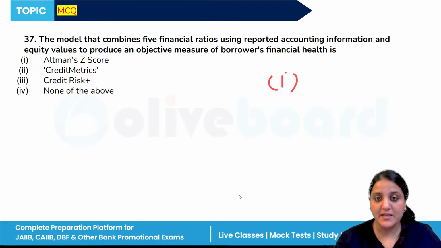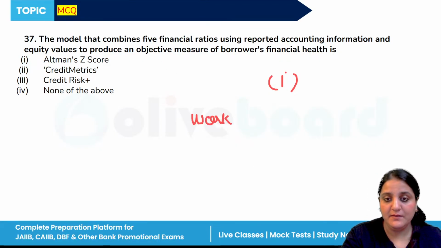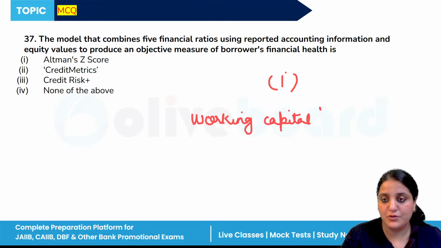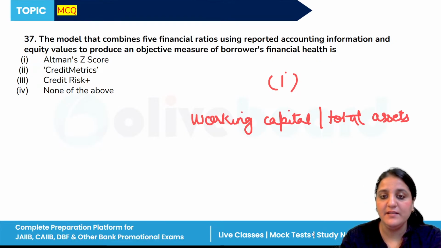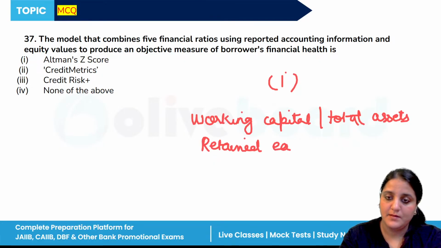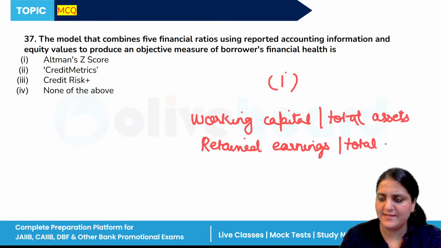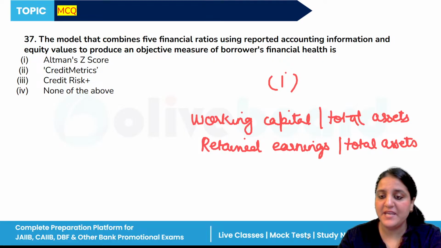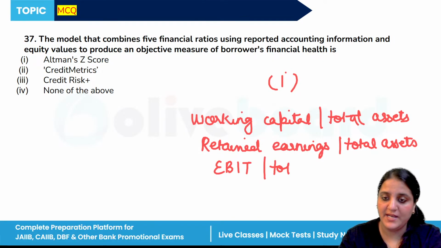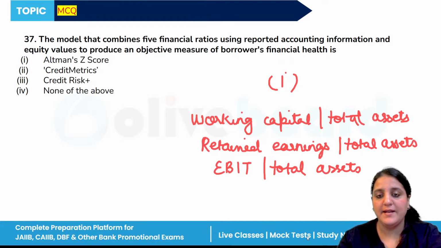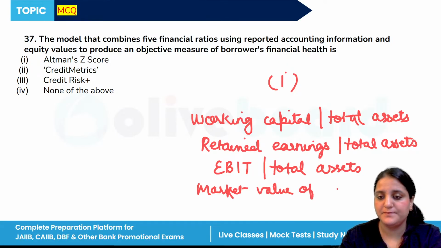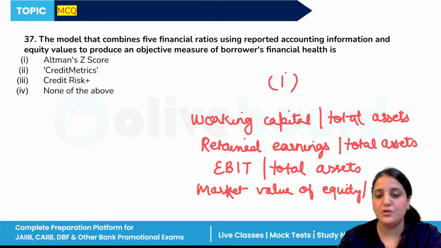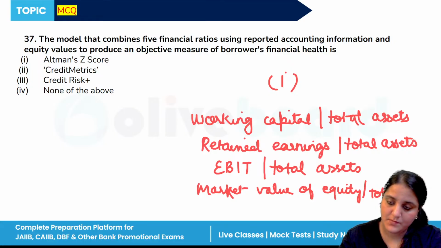It basically uses working capital to total assets, and retained earnings to total assets, EBIT to total assets, and market value of equity to total liabilities, and sales to total assets.